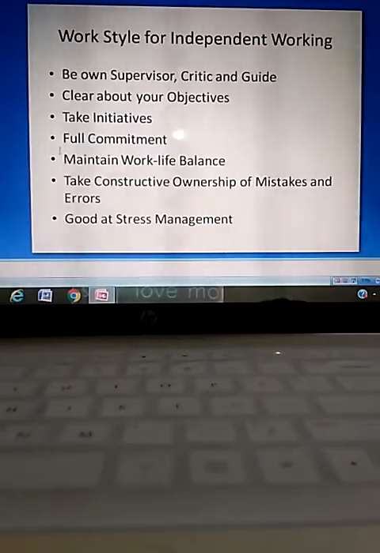Next is maintain work-life balance. As an independent worker, as no one is there to command you, you must decide the right pace of working that does full justice to the work for which you committed and at the same time does not put pressure on you. So you have to maintain a proper work-life balance.